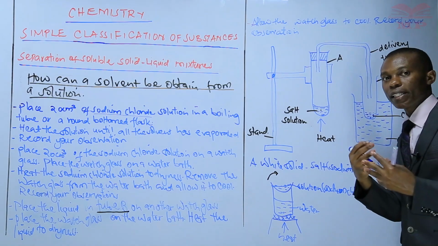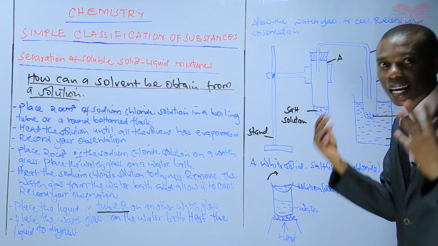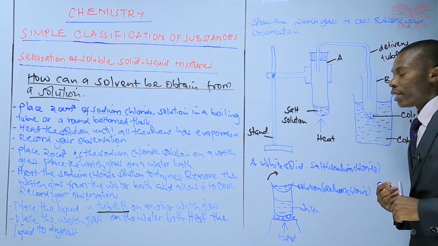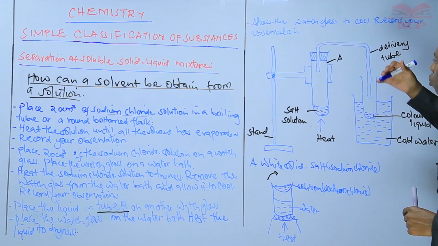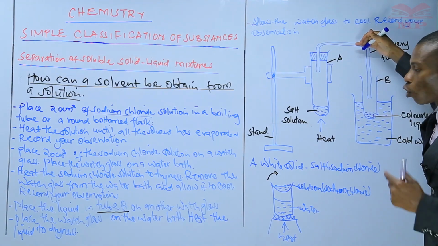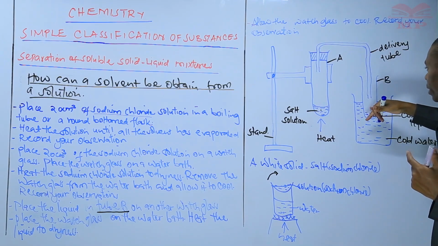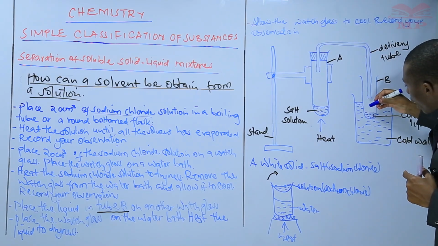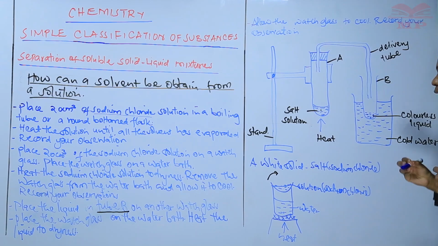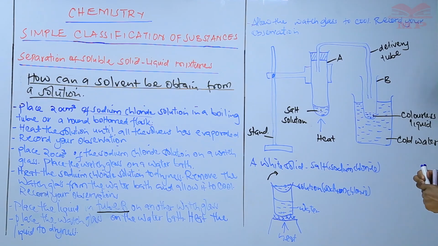Some of it condenses in the delivery tube, leading to formation of a colorless liquid. So the water vapor evaporates. Some of it condenses on the delivery tube, and it comes at this point, and that's why you have this colorless liquid. The colorless liquid is water.